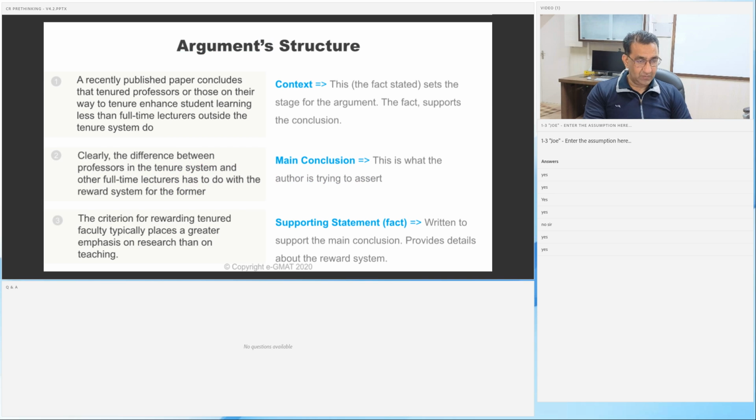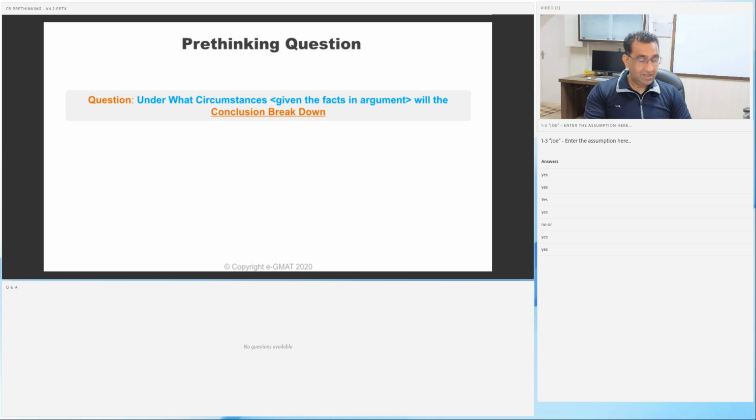I think we've done all of this here. So let's formulate the pre-thinking question: under what circumstances, given the facts and the argument, will my conclusion break down? So we have two pieces that we need to fix. Okay, let's map them. This is 2, and this is the mapping of 2 here.